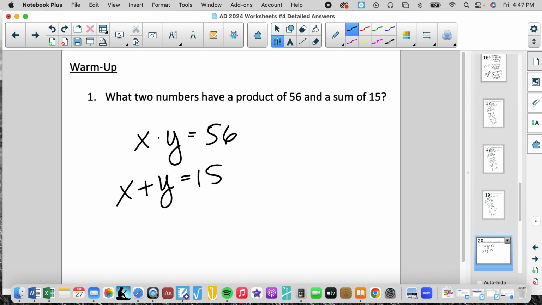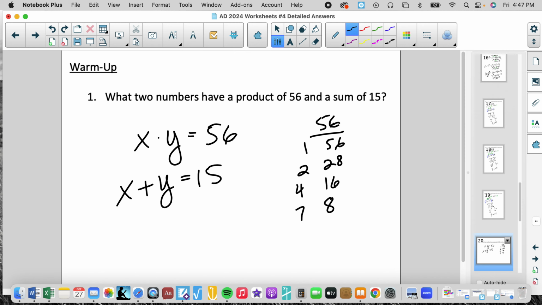You could do the factors of 56, which are 1 and 56, 2 and 28, 3, no, 4, yes. Ooh, that's a funky one. 4 and 16, 5, no, 7 and 8. No, I made a mistake somewhere.